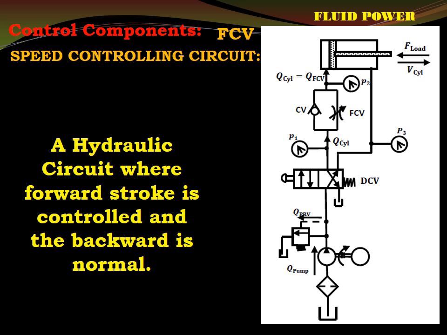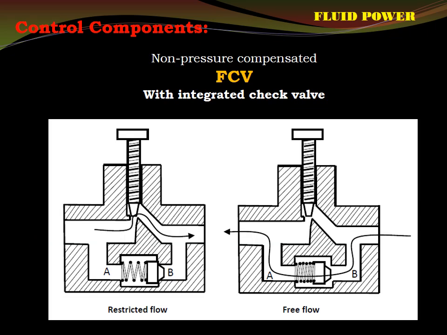Okay, so that is another kind of FCV, where the FCV is supplied along with a check valve fitted parallel to it. That is an FCV with integrated check valve. Okay, so everybody, in these two diagrams, if flow takes place from left to right, it is bound to be controlled or restricted because it is in no flow direction.